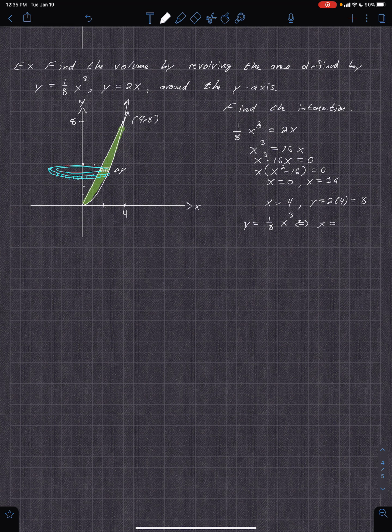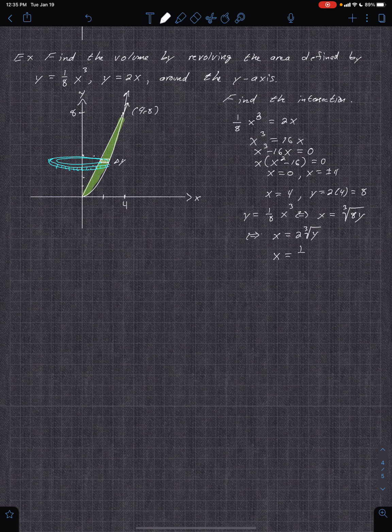The cube root of 8 we actually know, so x is 2 cube root of y. And for the other one, x is 1/2 y.